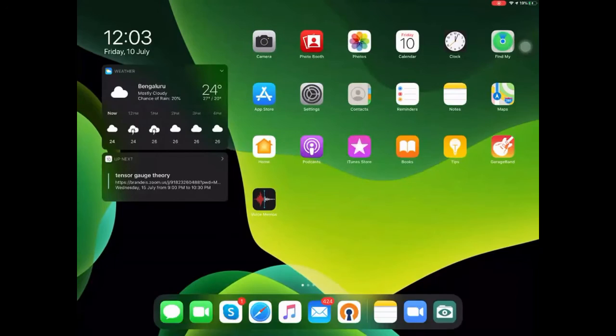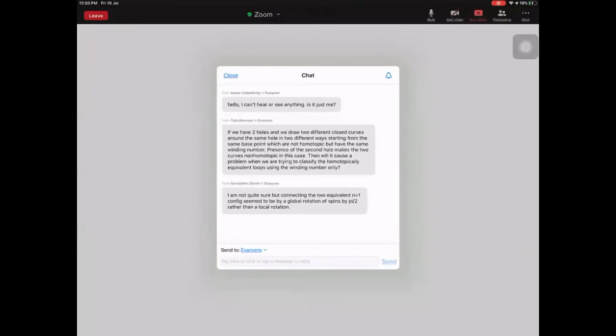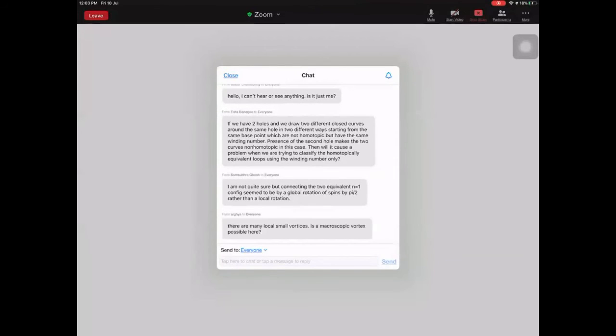Okay, more questions. There is a question by Orko that there are many small vortices. Is a macroscopic vortex possible here? I don't know what it means to say small vortices or macroscopic vortices, but the vortices are non-local objects.